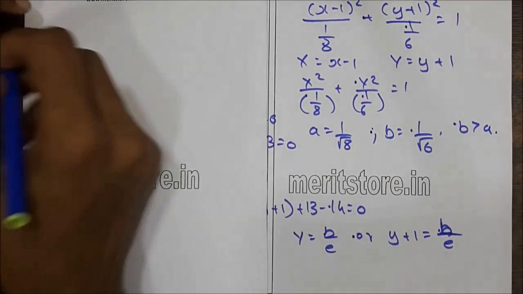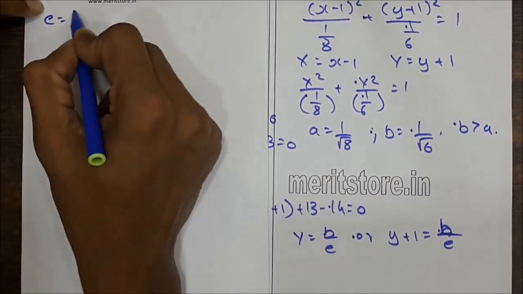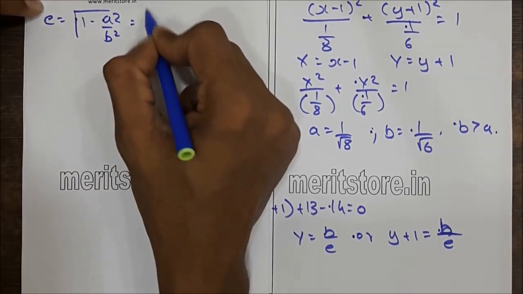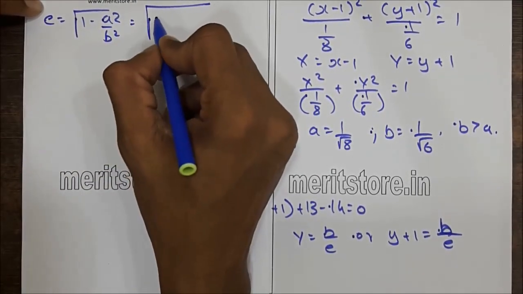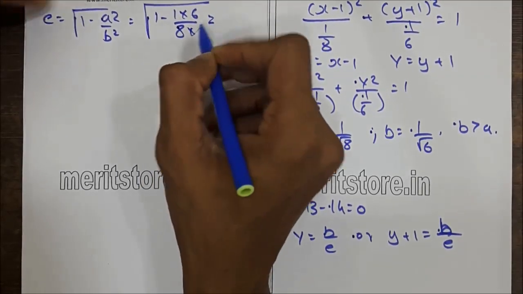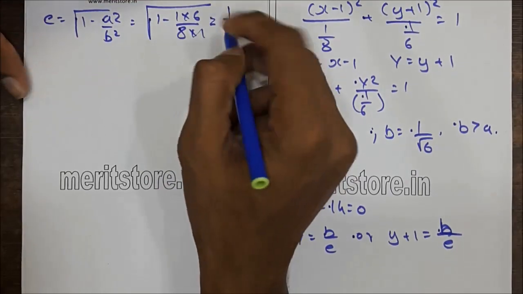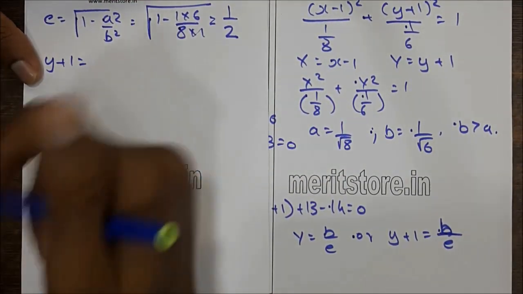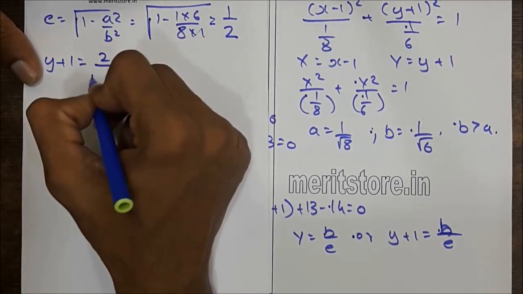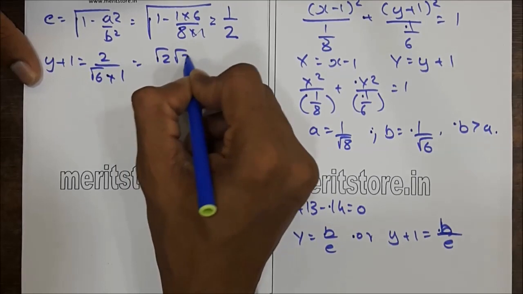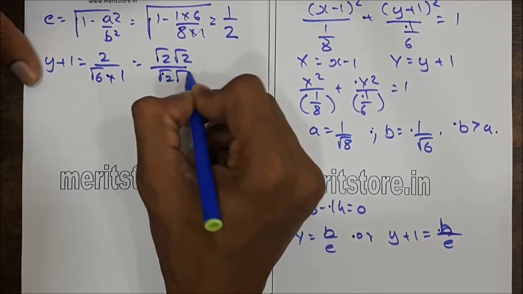Where we have eccentricity e as under root 1 minus a square upon b square. Substituting the value of a square upon b square, we get 1 minus 1 into 6 upon 8 into 1, which we can write as half. So we can write y plus 1, substituting the value of b and eccentricity, we get 2 by root 6 into 1, we get root 2 into root 2 upon root 2 root 3.